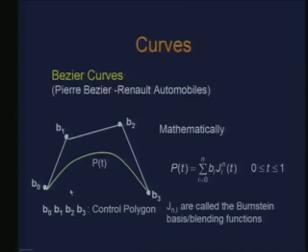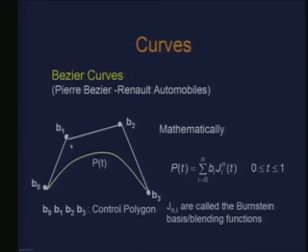The way these Bezier curves are defined, you are given these control points B0, B1, B2, B3, and all it takes is the blending functions in the form of Bernstein polynomials, and when you take a combination of these control points with these blending functions, it results in Bezier curves, right.